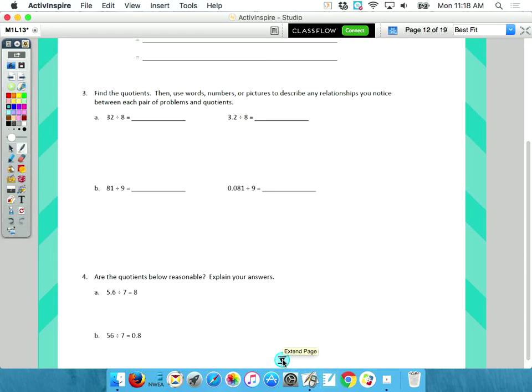I just need your brains up here at the board working for me with your pencils down. It says 32 divided by 8 equals blank. Well, let me read the directions first. It says find the quotients, then use words, numbers, or pictures to describe any relationship you notice between each pair of problems and quotients.